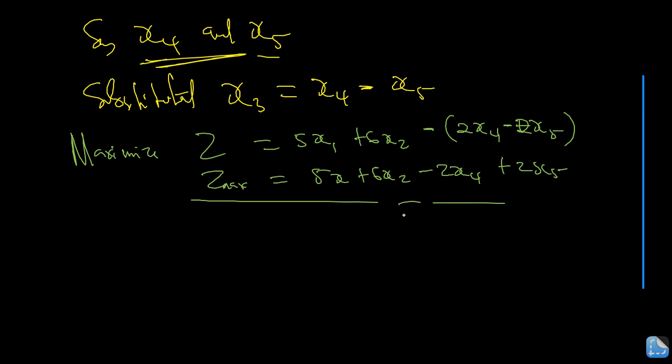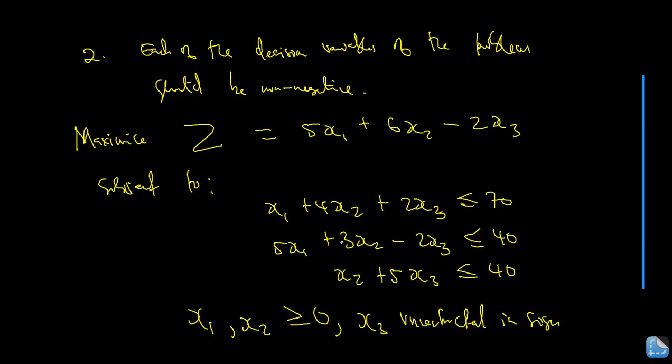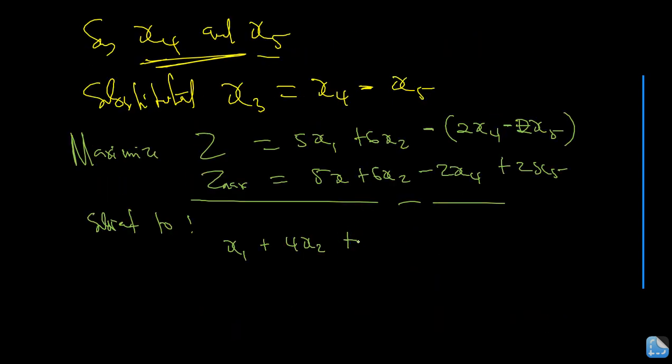Alright, now once we have our new objective function, we can go ahead and do our constraints. So this will be subject to x1 plus 4x2, and then plus, now we can either open brackets here, or we can just do it straight now since you know what we are doing.